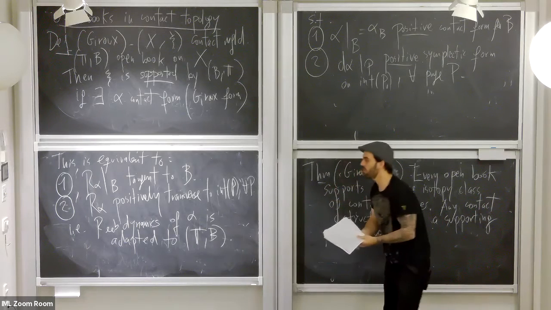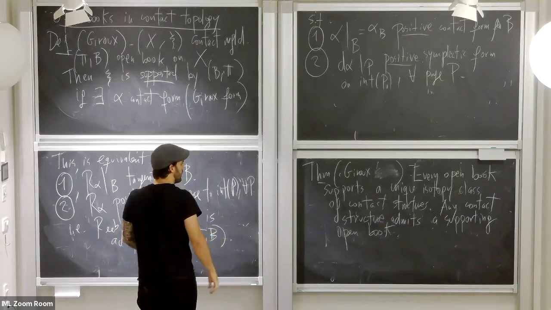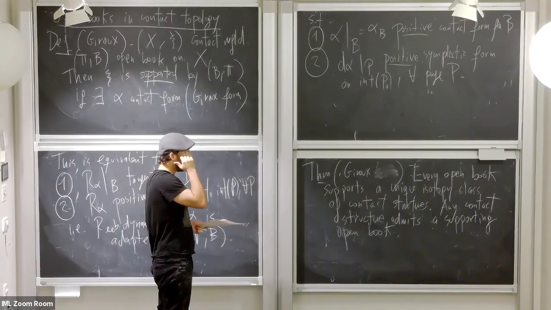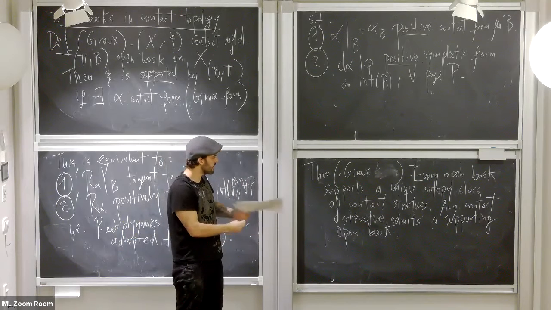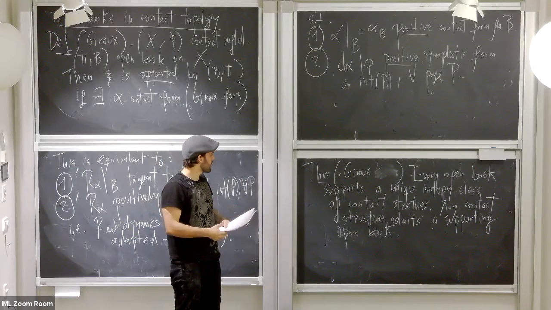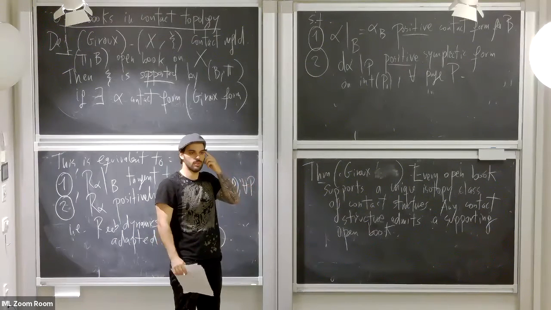So this is a very, very fundamental theorem and a very hard theorem as well. As Paolo was pointing out, in dimension 3 it's even stronger. I stated it in any dimension, but in dimension 3 there's even a uniqueness for the open books up to a suitable notion of positive stabilization.